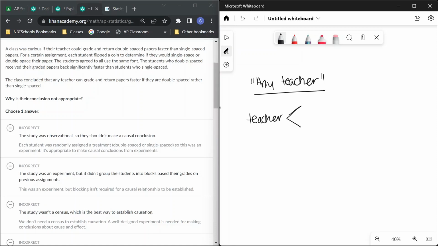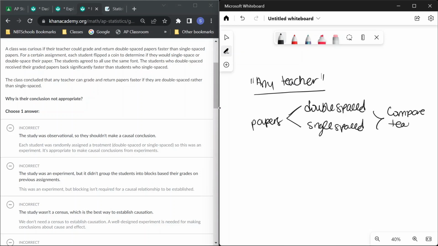And just so that we can see the whole thing, we have the papers, double space and single space, and then we compare the teacher's grading time.